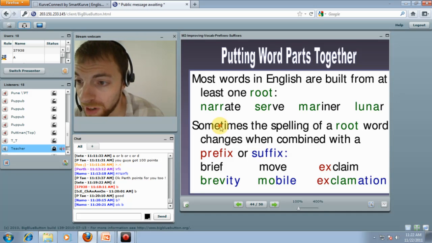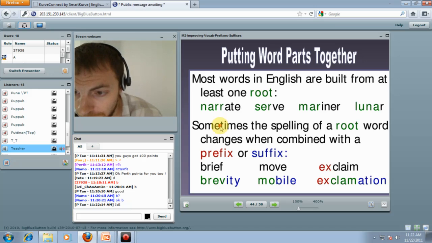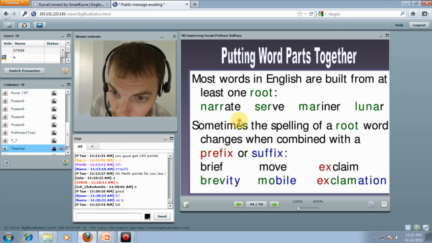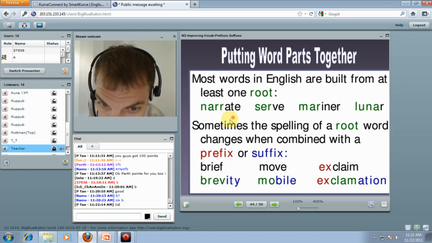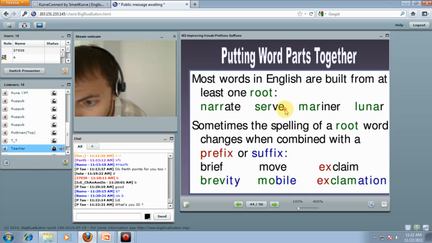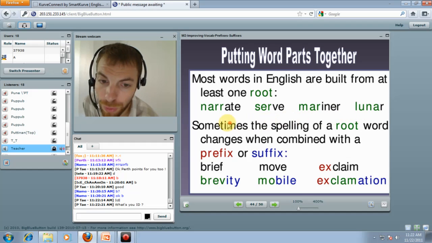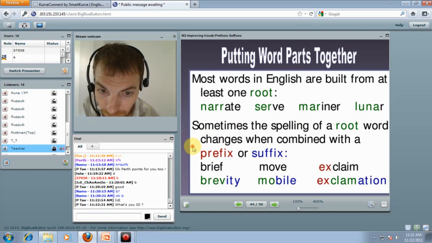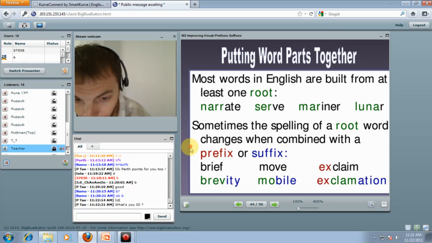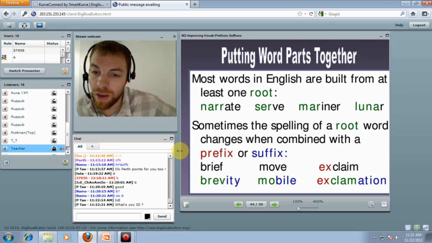So most words in English are built from at least one root, and for example here we have narrate or serve, lunar. These all are roots that you see many times, and sometimes the spelling of a root word changes when you add a suffix. This is important too.